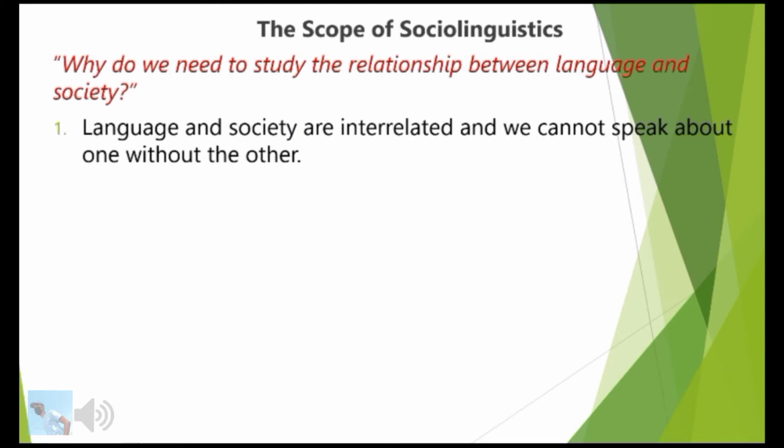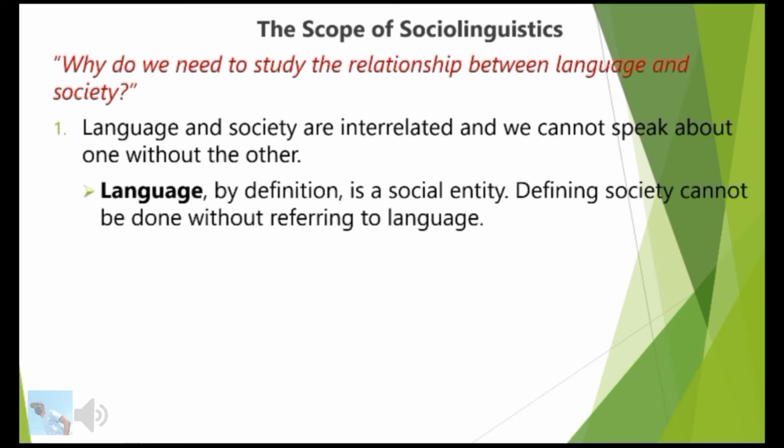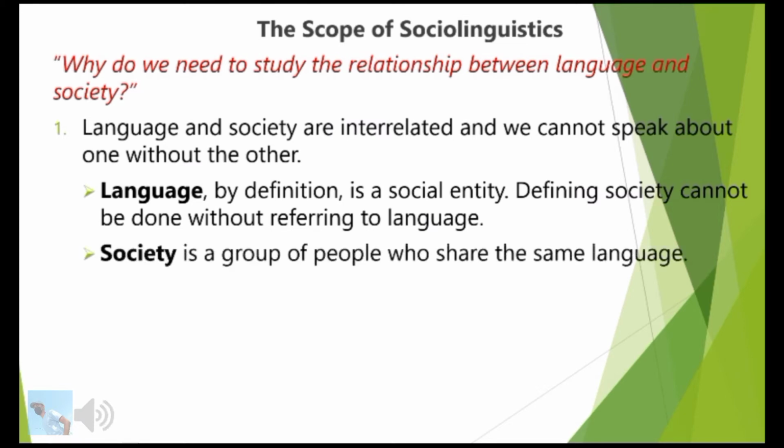How do language and society relate to each other? Well, here's the answer. Language is defined as a social entity, and defining society cannot be done without referring to language. Next, society is defined as a group of people who share the same language.